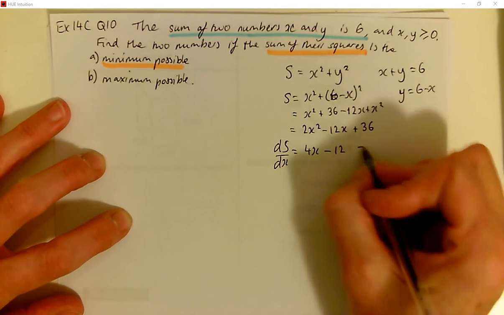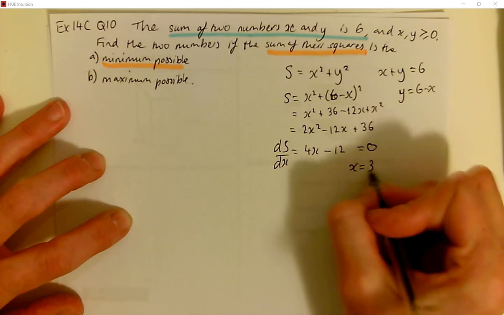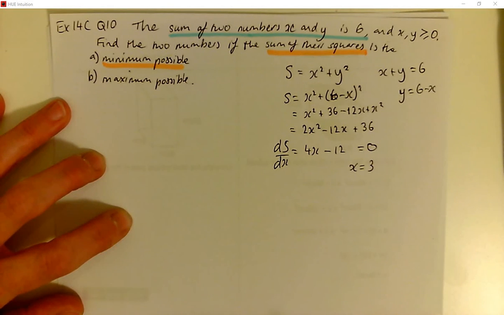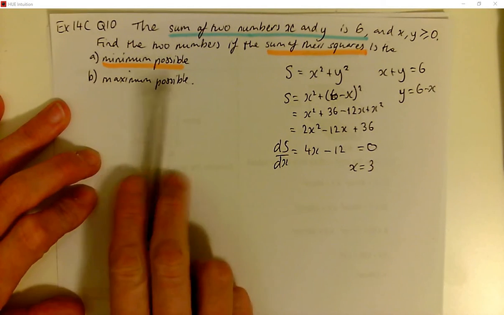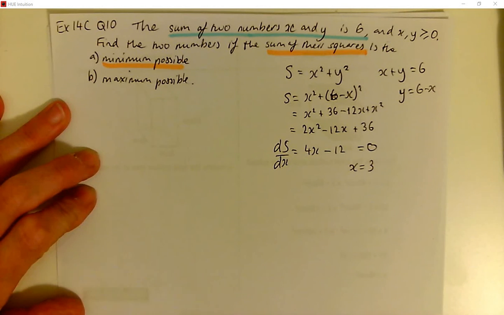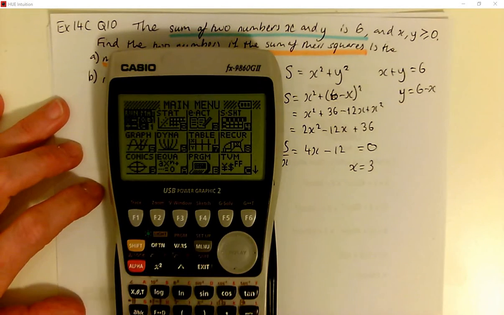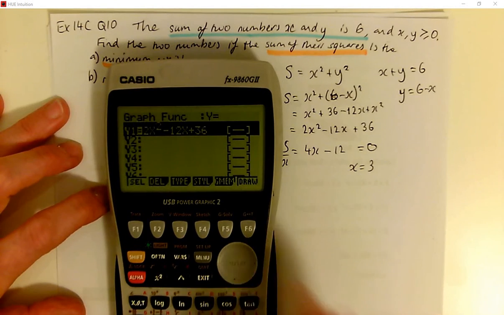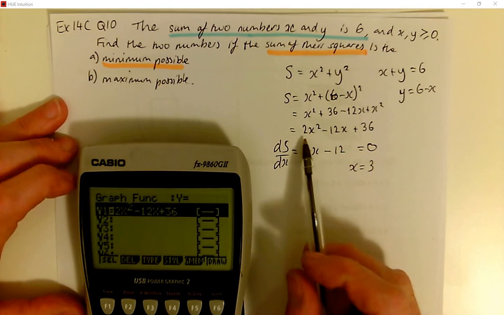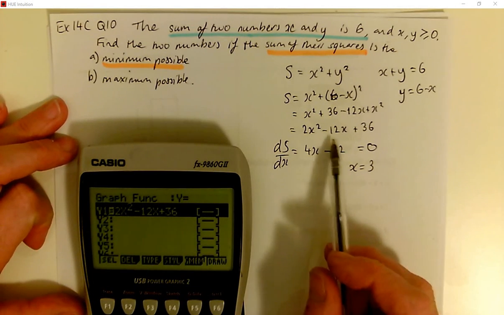Now we set that equal to 0 and we only get one solution, which might strike you as odd because we need a minimum and a maximum. This is where we have to think about the graph to help us understand what's going on. So I'm getting my calculator, going into graph mode and typing in what S is: 2x squared minus 12x plus 36.